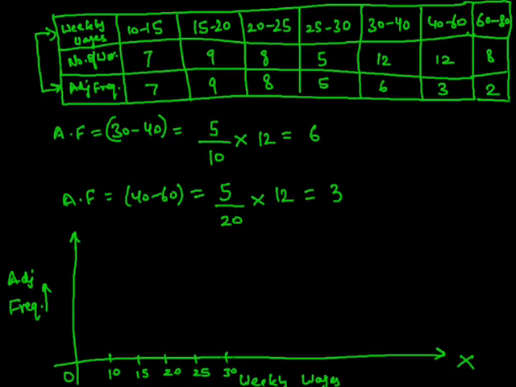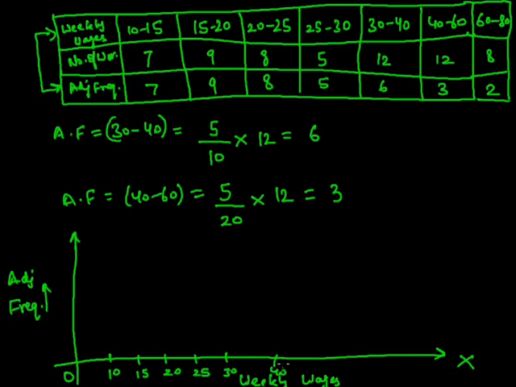But the 30 to 40 class is different. The gap which we have taken up till now was for class size 5. If the class size is now 10, that is double the previous class size, accordingly we have to take double the gap. That gap which we have taken between 20, 25 and 30 will be doubled for 30 to 40.